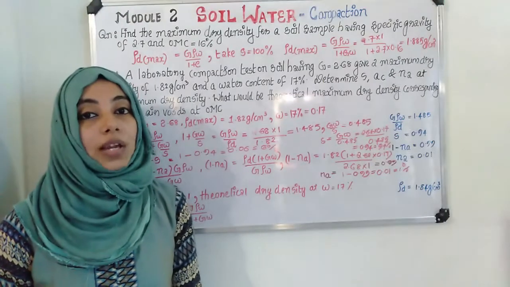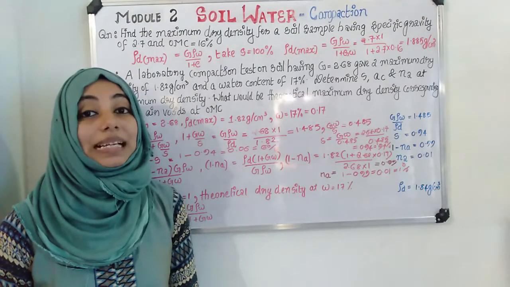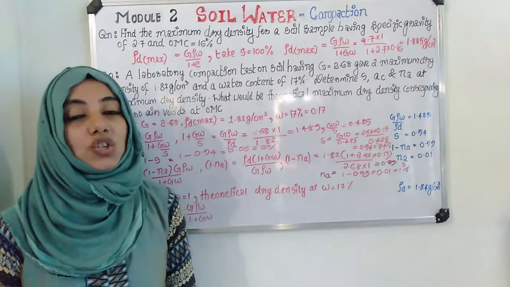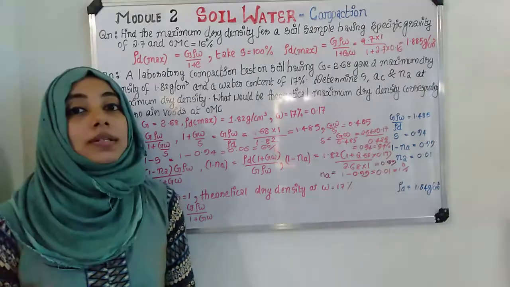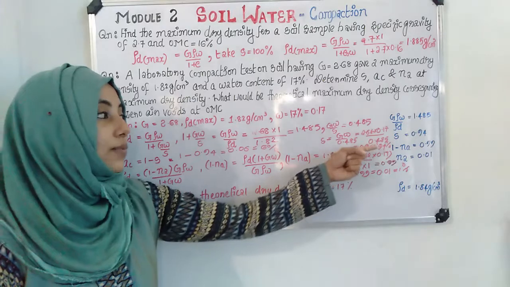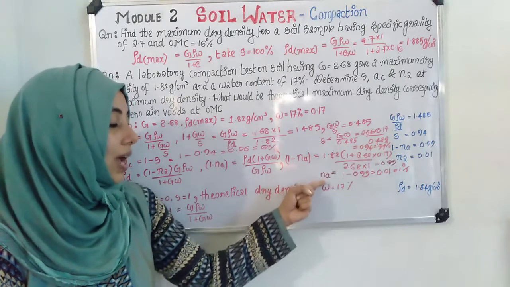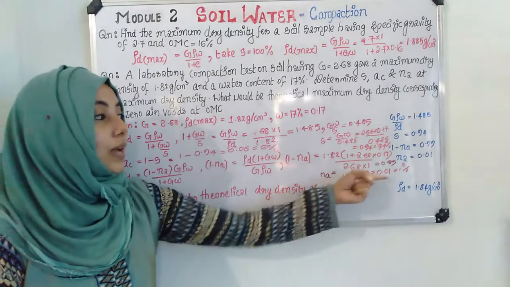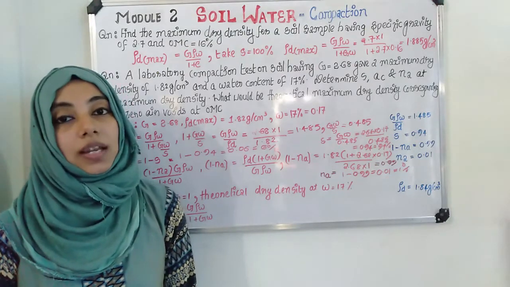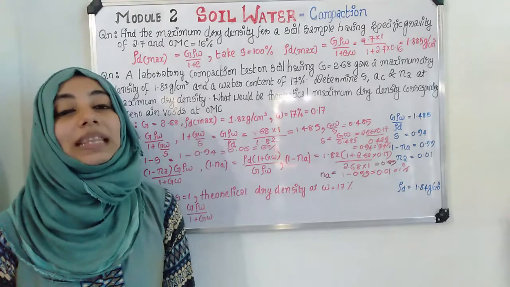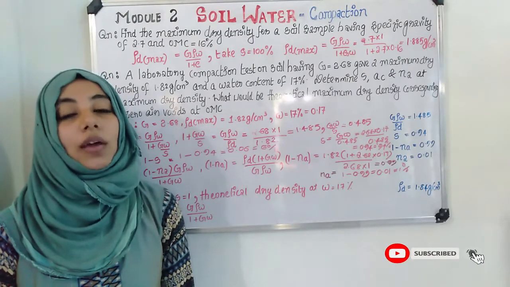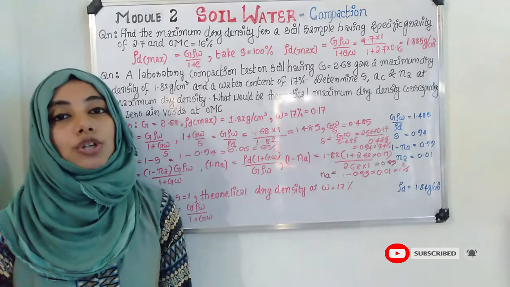Next, we have to find the theoretical maximum dry density corresponding to 0 air voids at optimum moisture content. Here we have calculated a degree of saturation value of 94% and a percentage air voids value of 1%. So it is the actual condition. But we have to find the theoretical maximum dry density corresponding to 0 air voids at optimum moisture content.